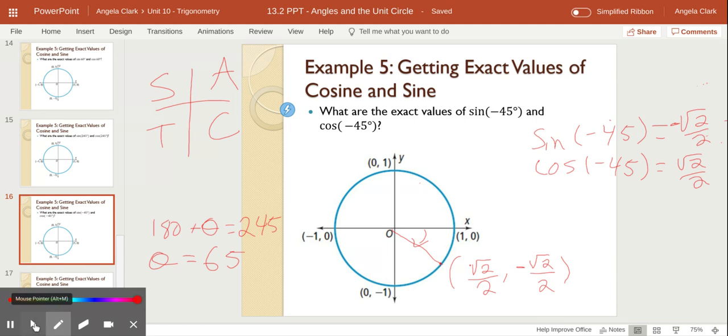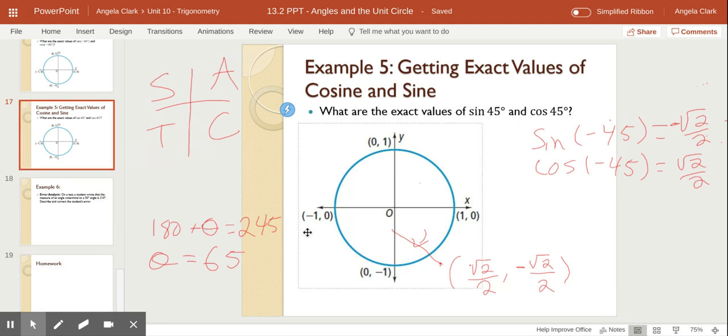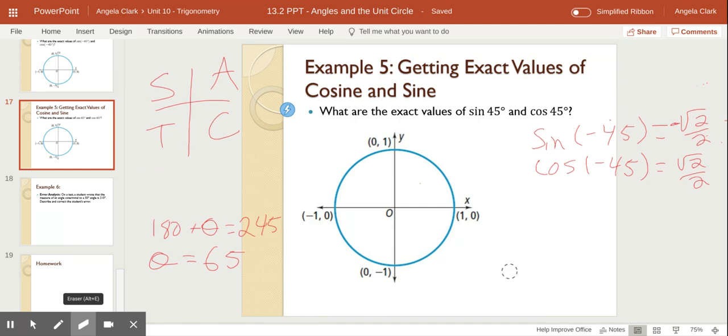So let's do one more of these. Last one of these. Okay. So in this one, nope, we've already done those. Never mind. We're not doing one more of these because this is exactly the same as one we've already done.